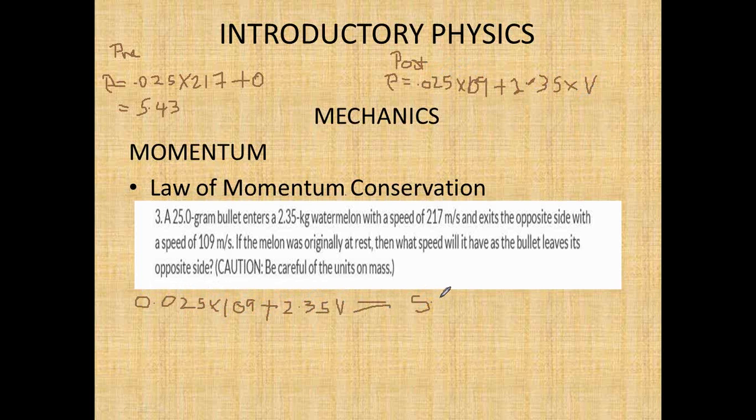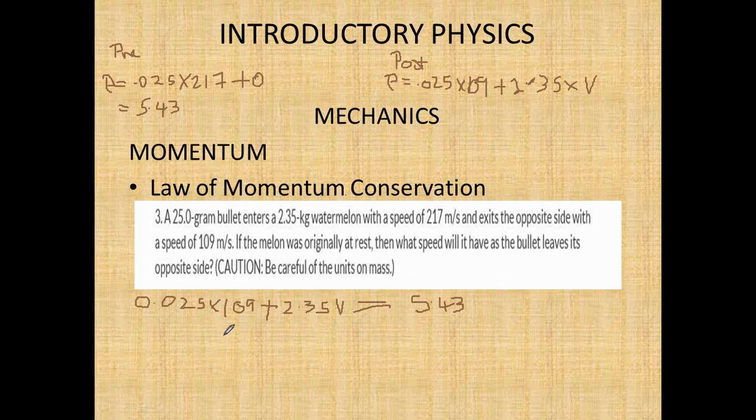And forensic scientists use these conservation principles to calculate all sorts of stuff. So it's difficult for you to stage a crime scene unless you're a physicist. All right. So you have to carry all of this over to that side. When you take this over there, it becomes negative.